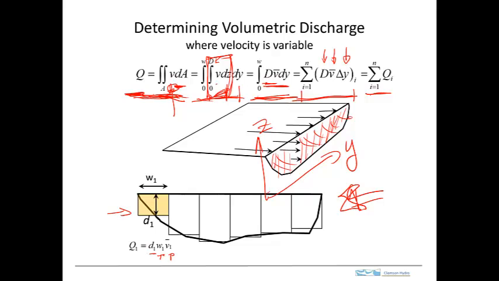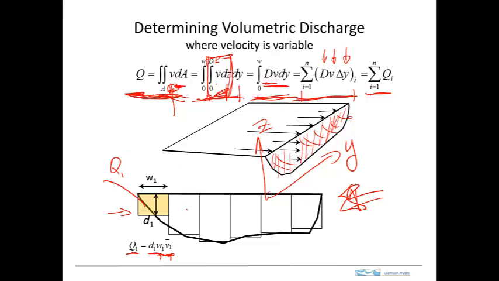Okay, and so for sure I can measure the average depth and the width, and if I can measure the average velocity within that orange block, then I can determine the flow rate within that block. So that'll give me Q1.